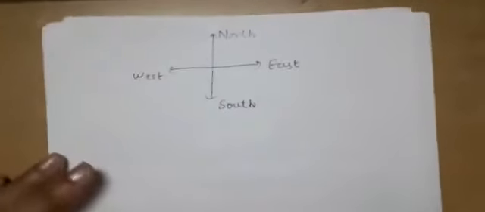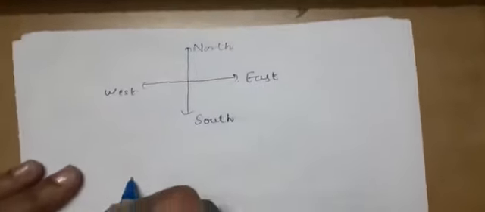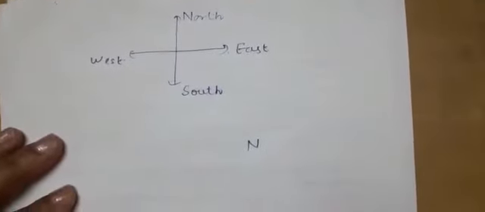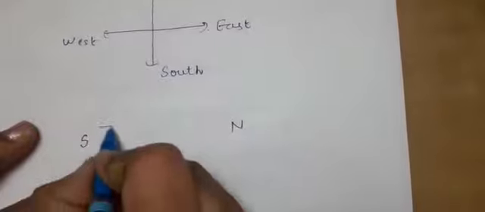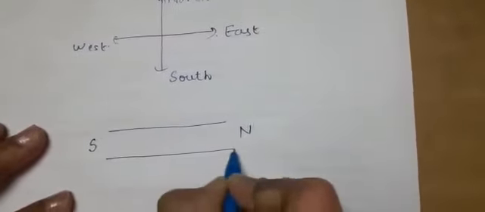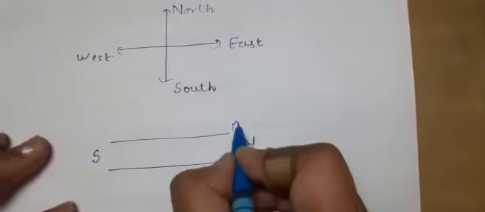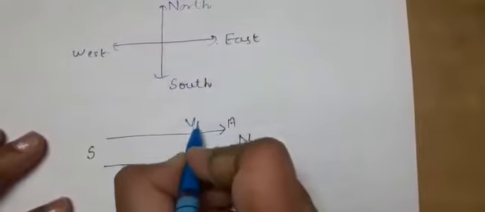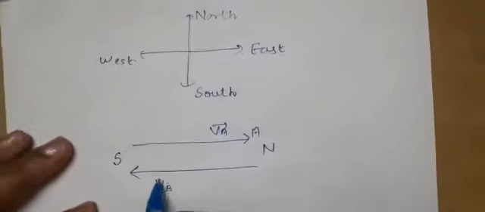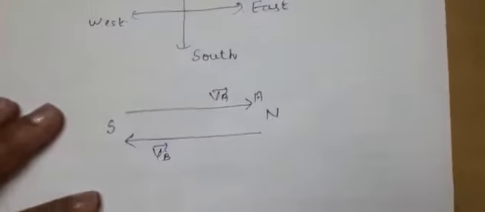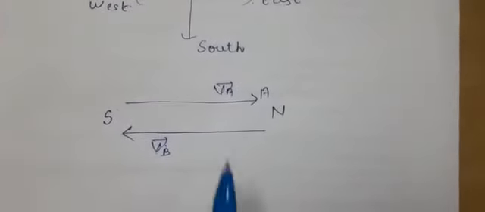As per the statement, let me take the north direction here and the south direction here. You can take it in the vertical plane also. Here, two trains are moving. A is moving towards north and B is moving towards south. I have put the vector sign.